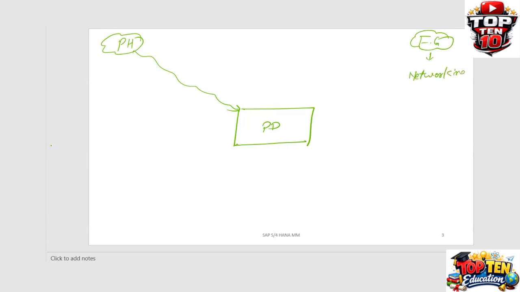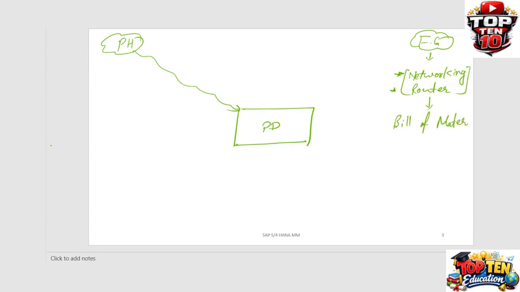The networking router is the finished goods. To manufacture, to produce that networking router, what can we do? We simply can categorize this networking router in the bill of materials.